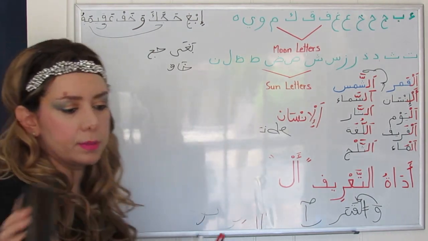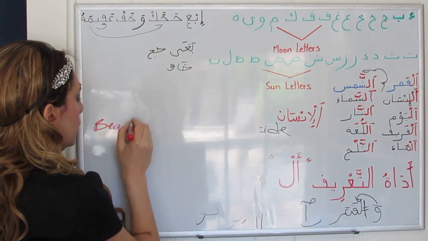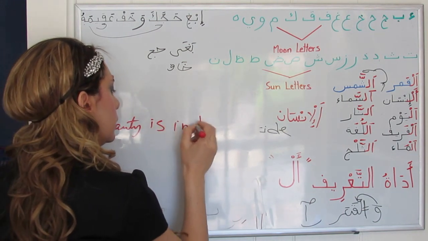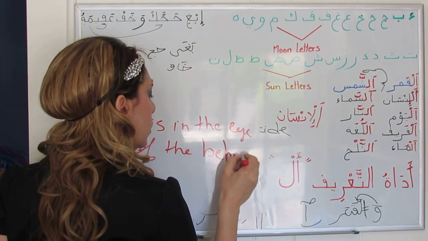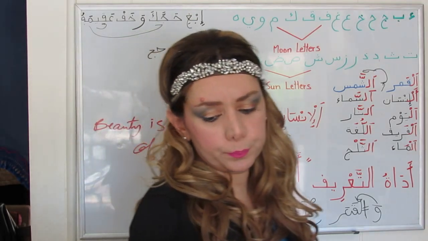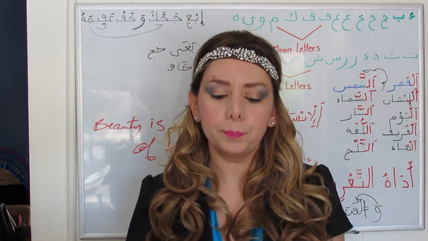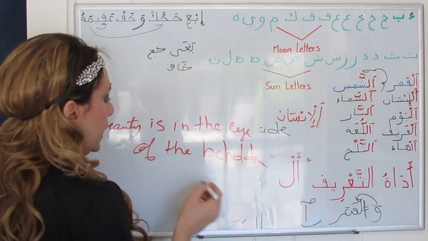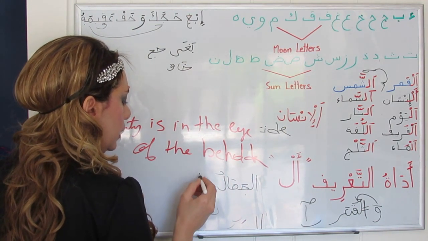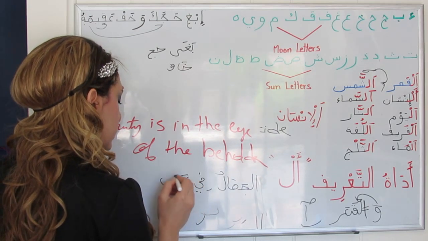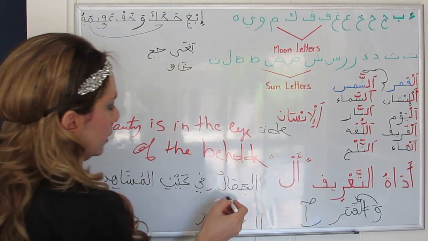Another concept. Beauty is in the eye of the beholder. So we don't say the beauty, right? But when we translate it, we say الجمال في عين المشاهد. Let's check this.